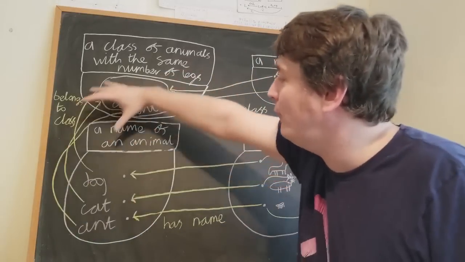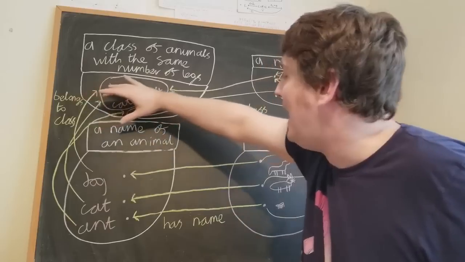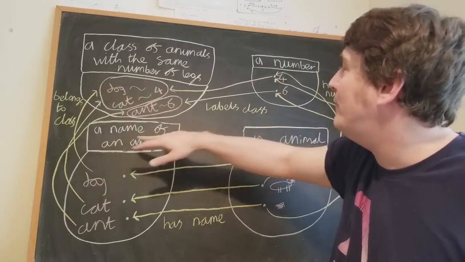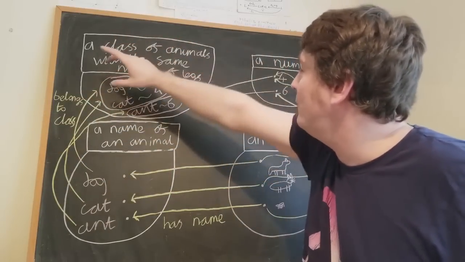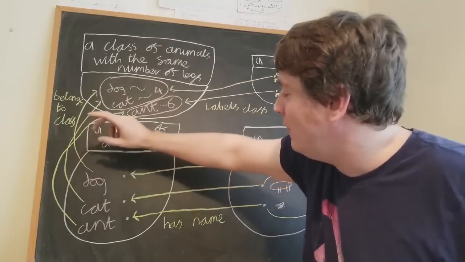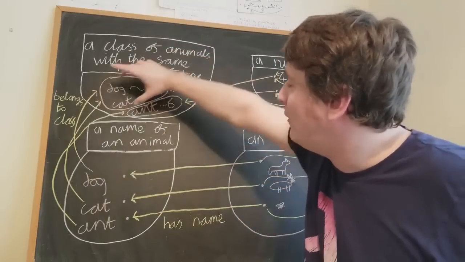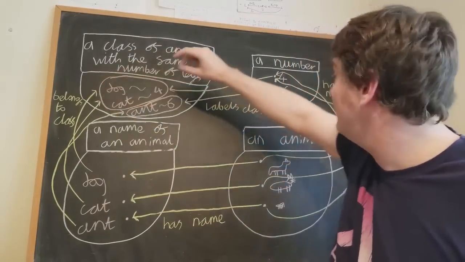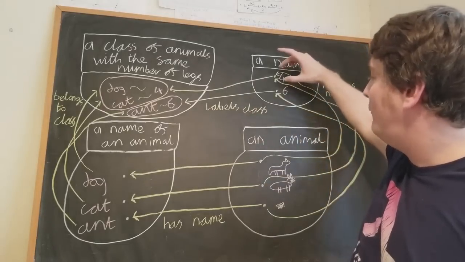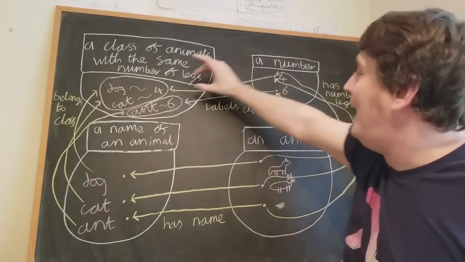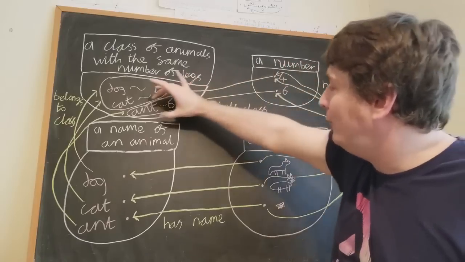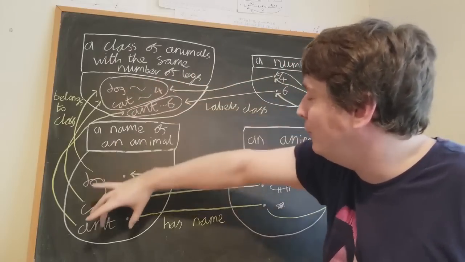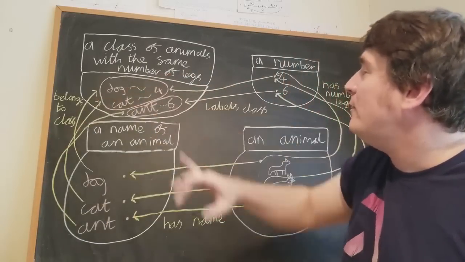So we could call this function belongs to class. A name of an animal belongs to a class, which is a class of animals with the same number of legs. So dog here belongs to this class of 4-legged animals. And also the number 4 labels this class of 4-legged animals. And the number 6 labels this class of 6-legged animals, which an ant gets sent to.